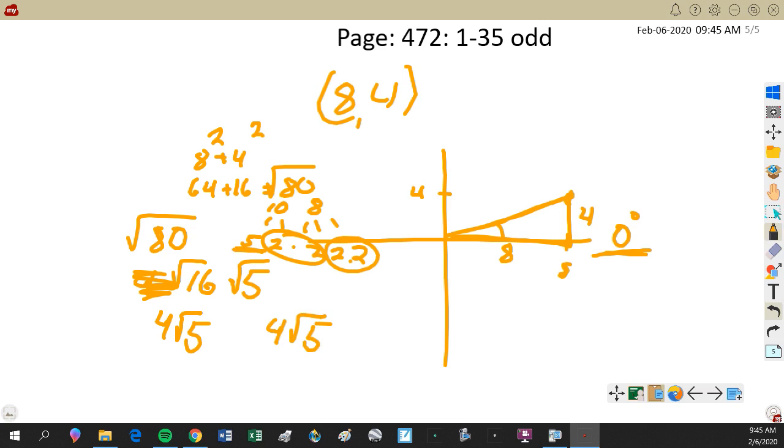Why does that work? That works because 2 times 2 times 2 times 2 is 16. And 16 is a perfect square. So I'm taking the square root of 16 and the square root of 5, and it simplifies down to 4 root 5.